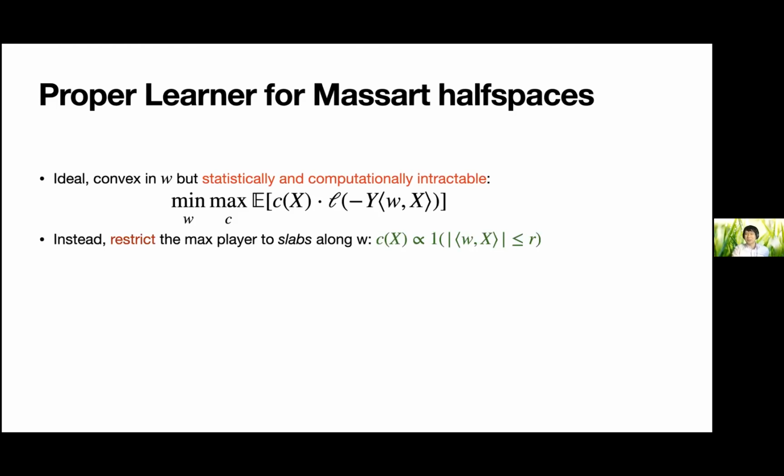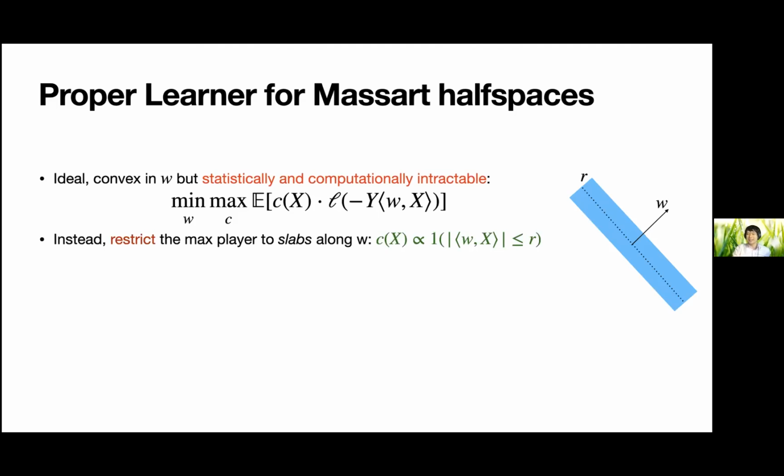And what we're going to do is throw away the convexity of this problem. We're going to restrict the max player a lot, to only play C of x's of a very particular form. That's going to make it possible to estimate the expectation and lead to an efficient algorithm.